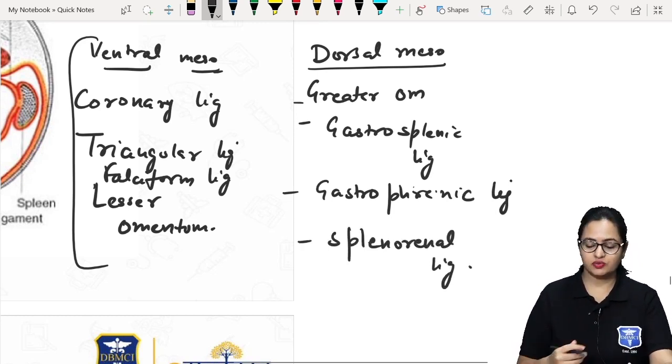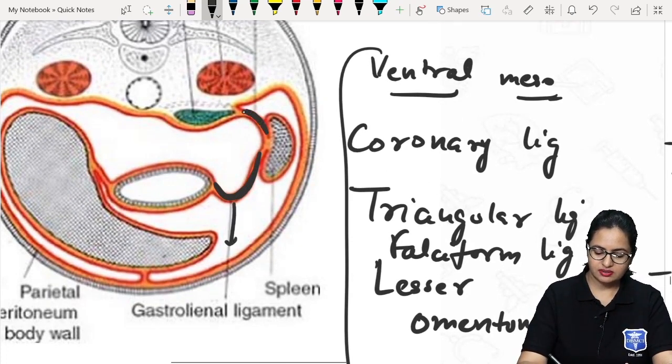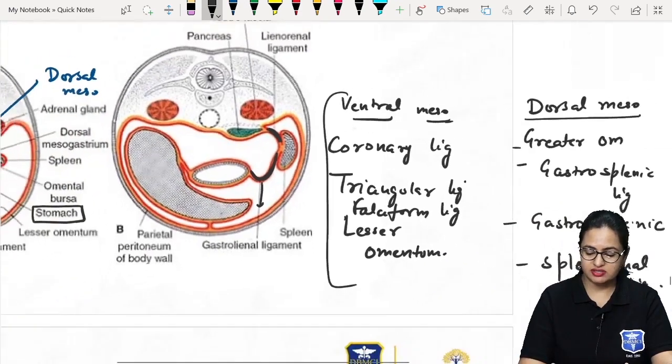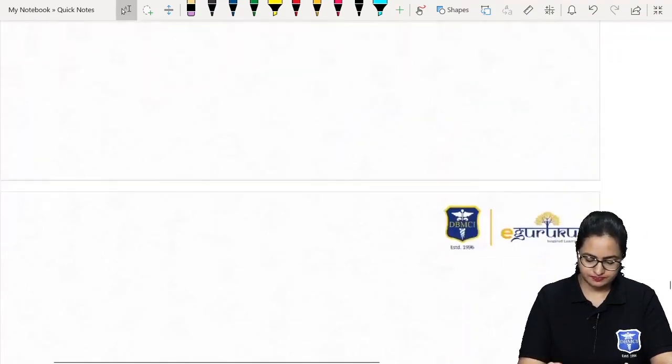These are the various ligaments which are derived from the dorsal mesogastrium. So we can see over here, this is the gastrosplenic ligament and this one is the splenorenal ligament. These are the various structures derived from the ventral and the dorsal mesogastrium.